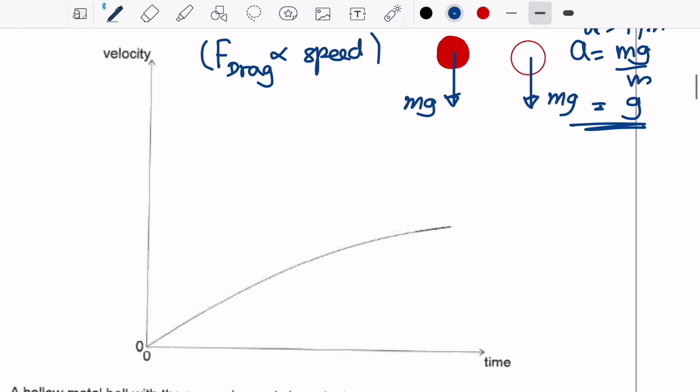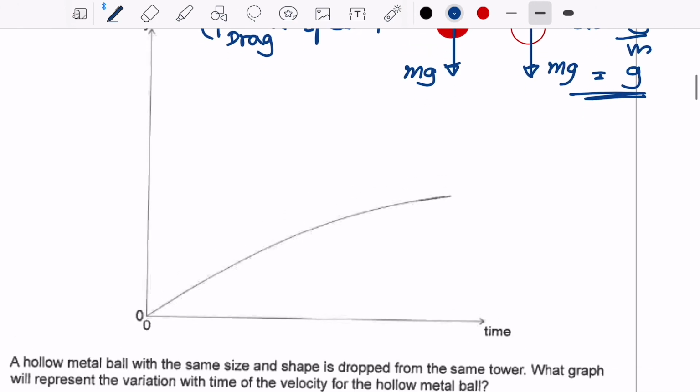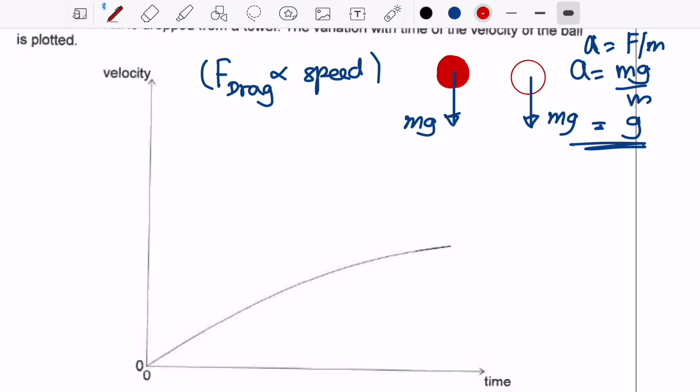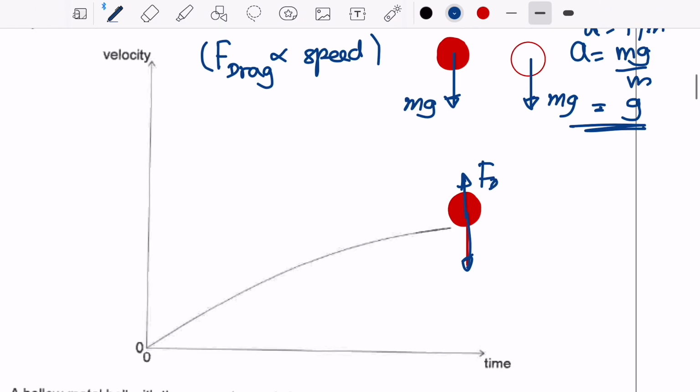Now let's think about when it falls down. The mg never changes, it stays the same, but F drag keeps increasing because speed increases. So at terminal speed, F drag can balance mg, right?